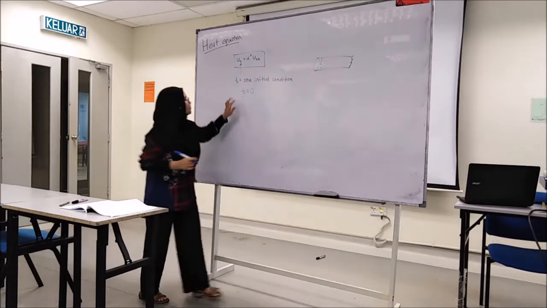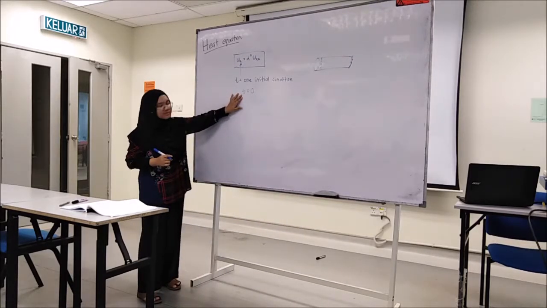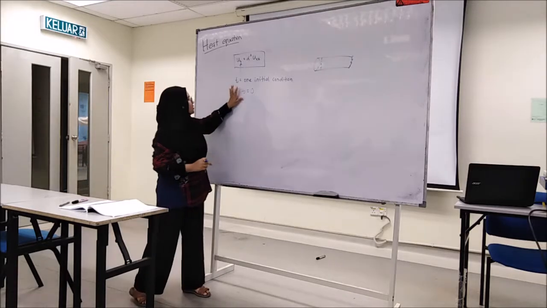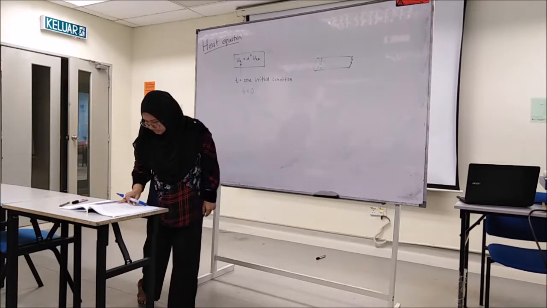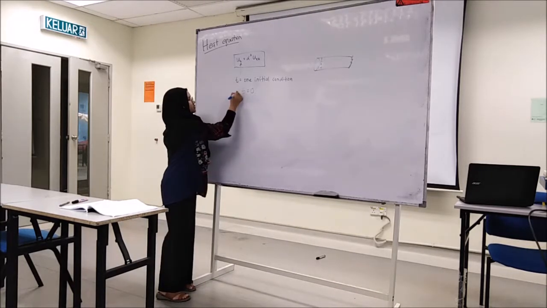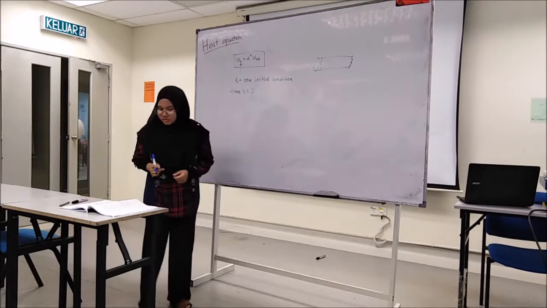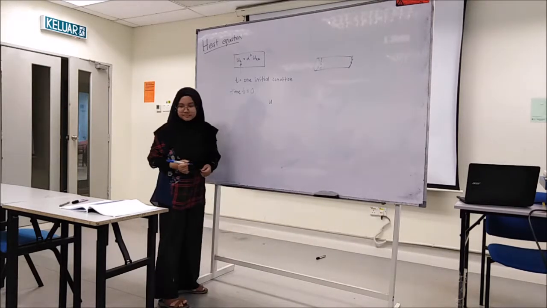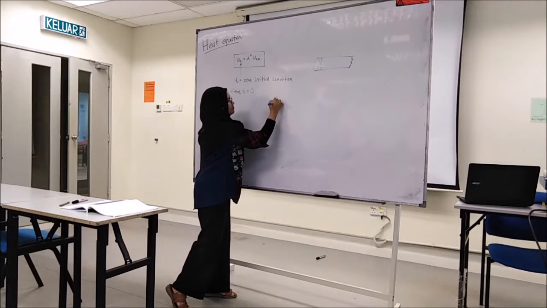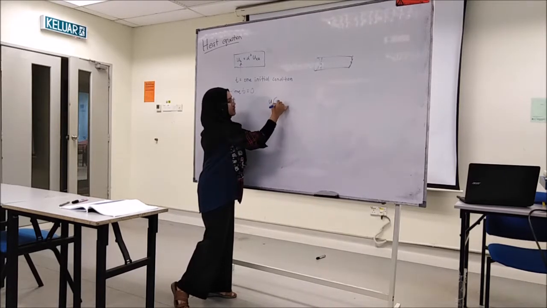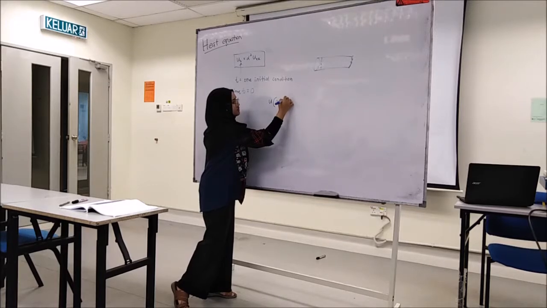The initial temperature at time t is equal to 0. This is time. So we can also write u, the variables involved being x and t, right?